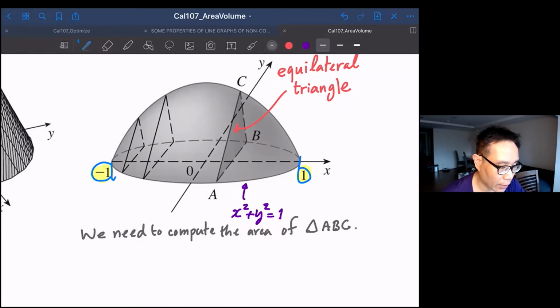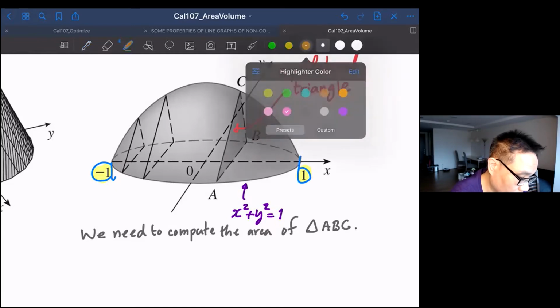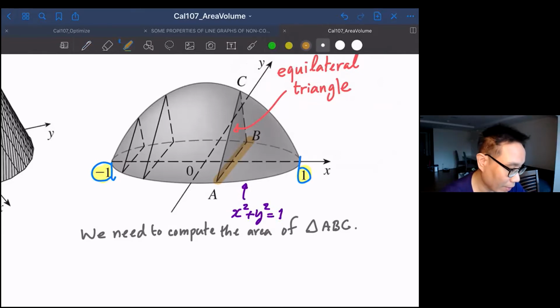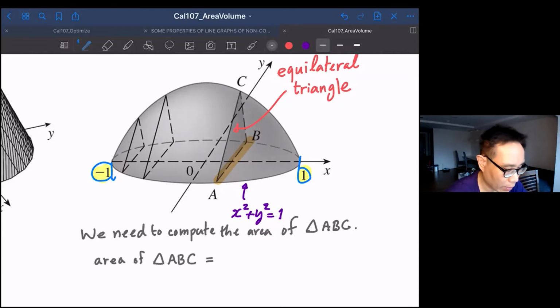So you see that you need the side here, the length of AB. Here you have the area of the triangle ABC, which is an equilateral triangle.